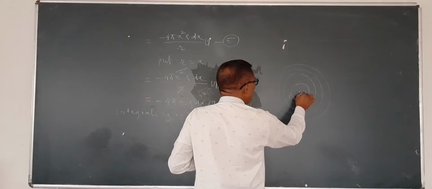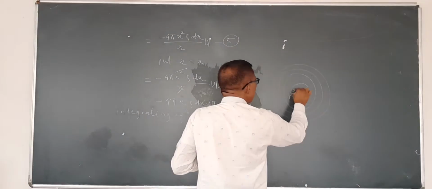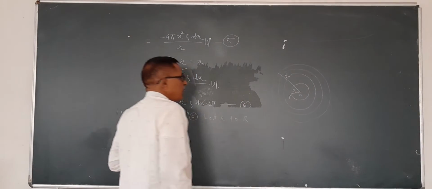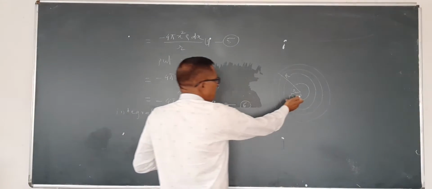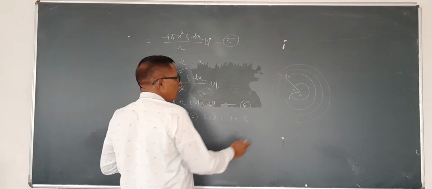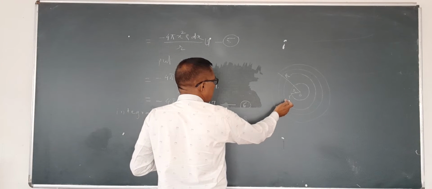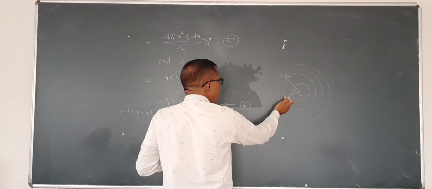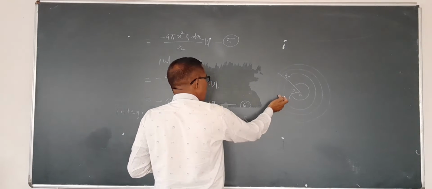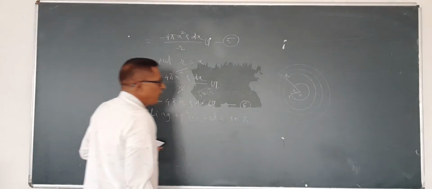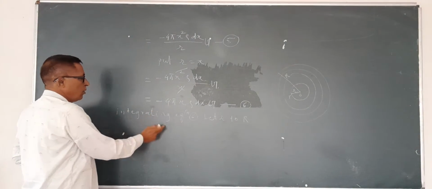This is the center core, and this radius is r, and this radius is capital R. As we go away from the center, the radius goes on changing. Suppose this inner cell has radius r, then the next cell has a radius other than this r, then this is another cell. In this way, to calculate the potential due to all these cells, we have to integrate this equation from r to R.